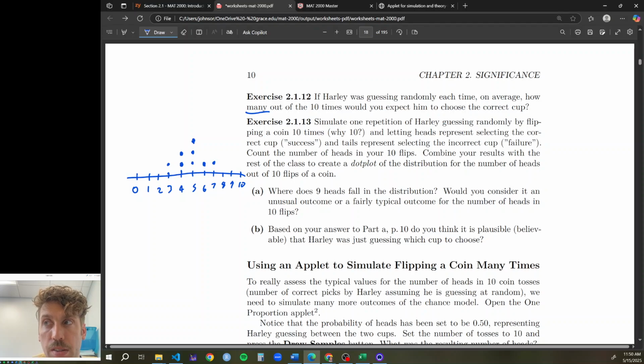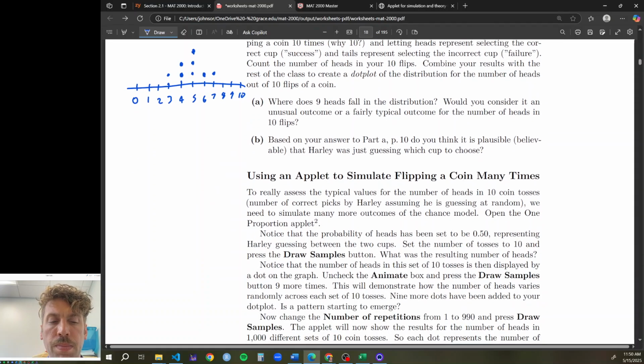This is a common sense question. You should be able to understand how often you would expect a 9 to show up if we're just doing it randomly. So that helps us have a sense of how strange it was that Harley got 9 out of 10 correct. And so we're not just going by feel. We're not just shooting from the hip here.